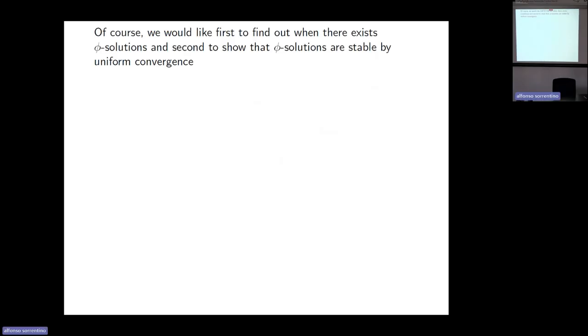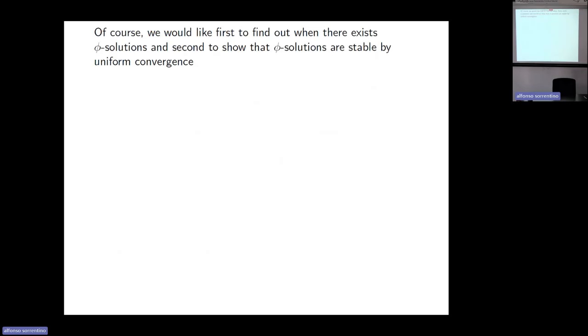Now, we would like to find out when there exists a phi solution, and second, to show that phi solutions are stable by uniform convergence. Okay? If there is no phi solution, we don't really care about that case. But if there are phi solutions, one important property of viscosity solutions was the stability by uniform convergence. So we indeed want this.